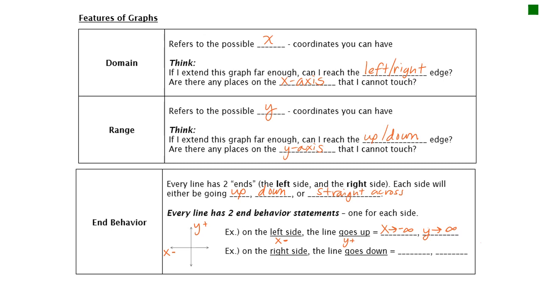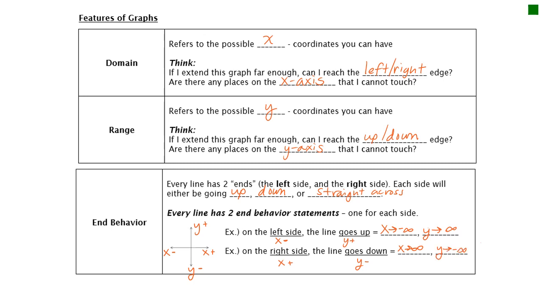Another example is if you're looking at the right side of the line, so as x is going in the positive direction, the line goes down. So that would mean that your line is heading towards the negative y direction. So you would write that like this: as x goes to the right, so that would be positive infinity, y goes down, so then y would go to negative infinity.